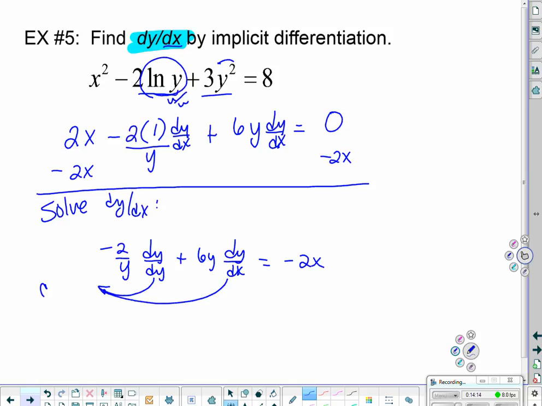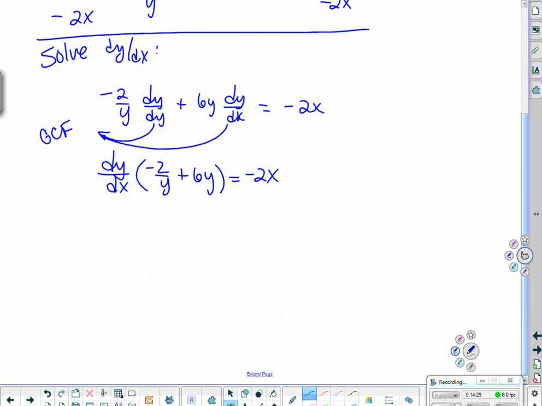Let's GCF out our dy dx. So dy dx times negative 2 over y plus 6y equals negative 2x. Finally, we can solve for dy dx. That's rather messy, isn't it?